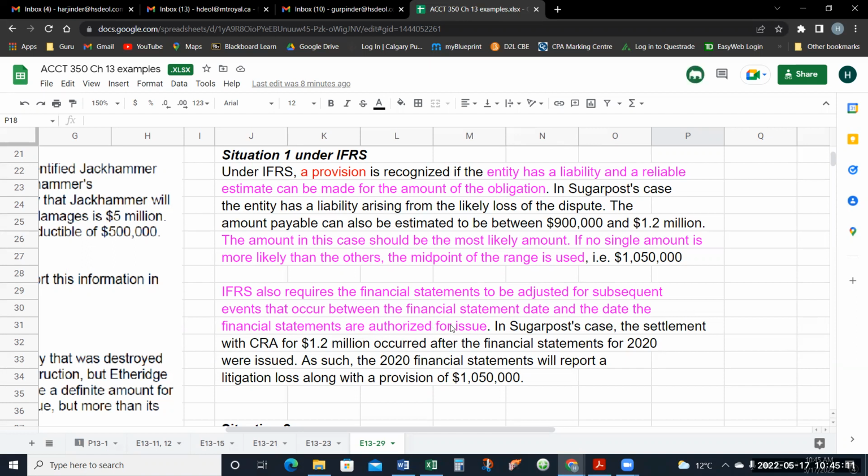So that can happen a little bit after. So in Sugar Post's case, the settlement with CRA occurred after the financial statements were issued. You can't issue the financial statements until they are authorized, so that clearly happened after the fact. So the 2020 financial statements will report a litigation loss with a provision of $1,050,000.